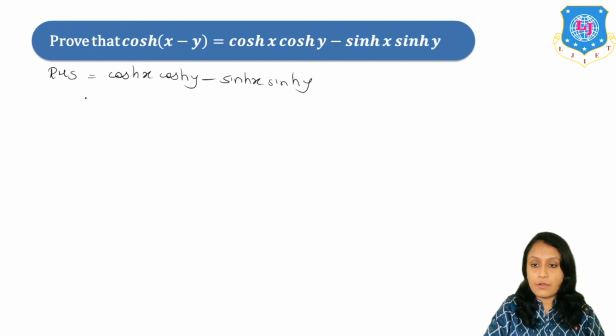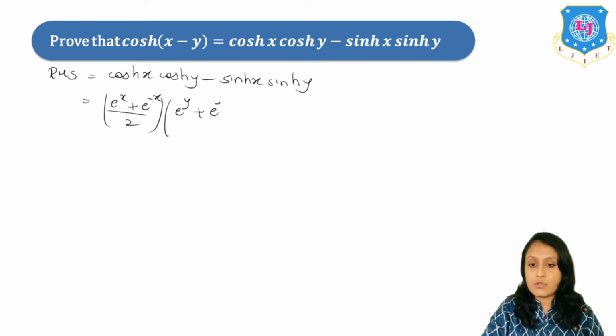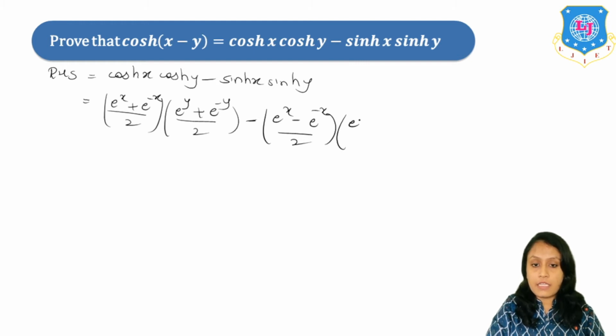Now we'll write down the formula. So cosh x is (e^x + e^−x)/2, into (e^y + e^−y)/2, minus sinh x, which is (e^x − e^−x)/2, and sinh y, which is (e^y − e^−y)/2.